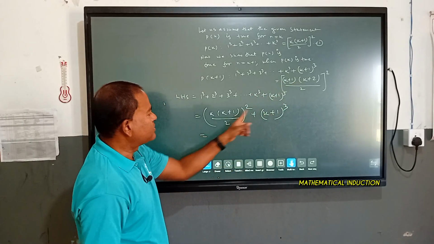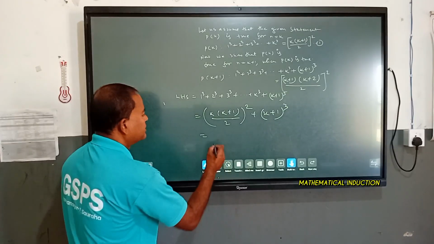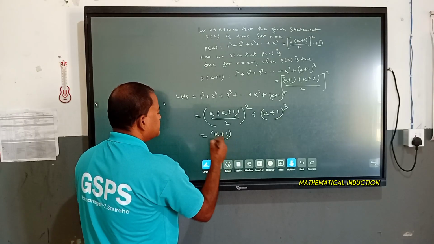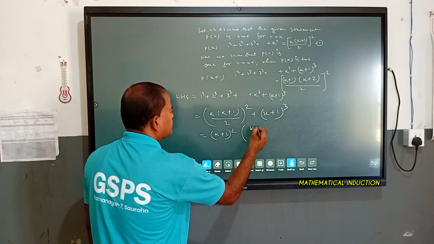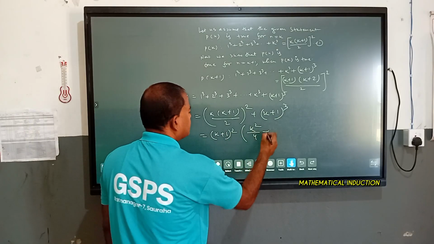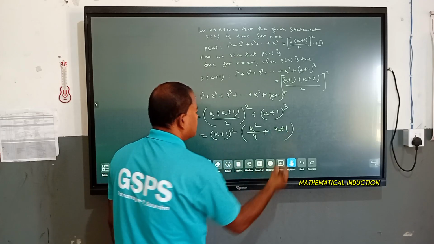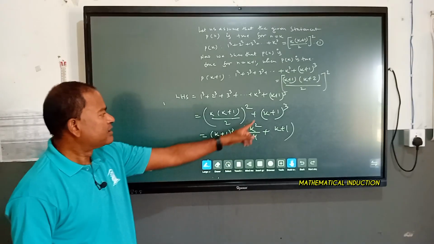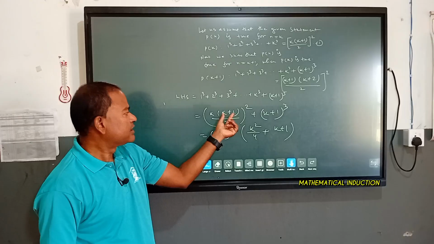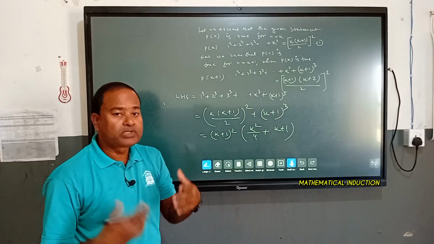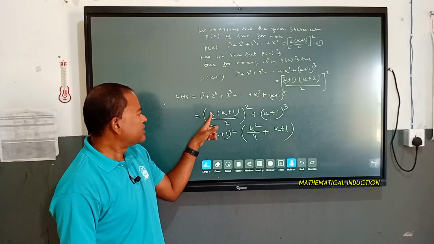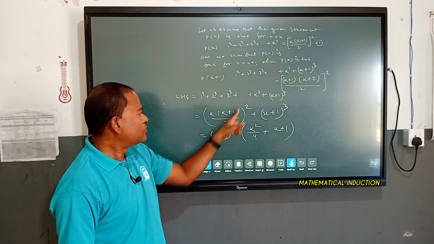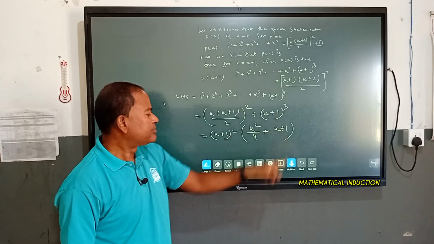So let's take (k+1) whole square common from both the terms. So dear students, if we take (k+1) whole square common, then the remaining term will be k square by 4 plus (k+1).